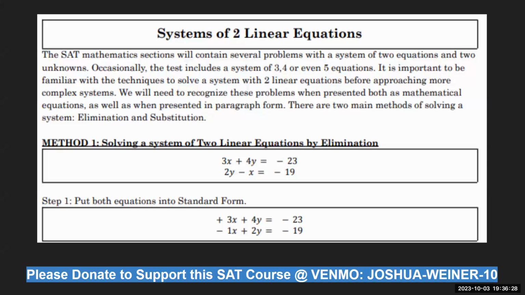We will need to recognize these problems when presented both as mathematical equations and in paragraph form. There are 2 main methods for solving a system: elimination and substitution. So I'll give you one example for each. You should be familiar with this from your studies.